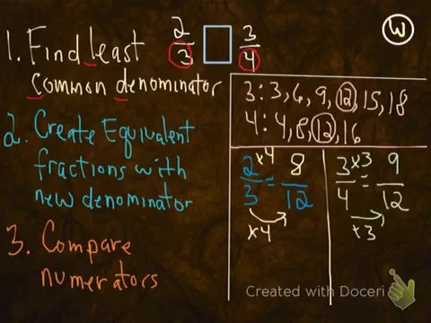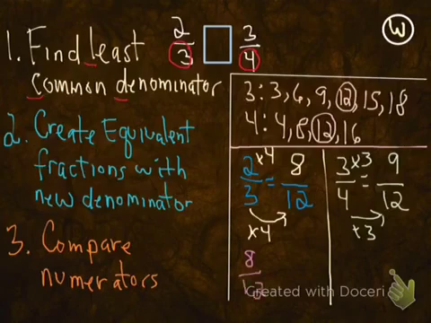Now, the third step is to compare the numerators of the new fractions, which are still equivalent. 2/3 equals 8/12, but it's got a new denominator. So let's put them side by side. Instead of writing 2/3, we're going to use its equivalent fraction of 8/12.